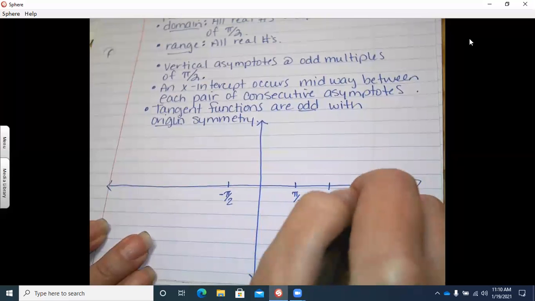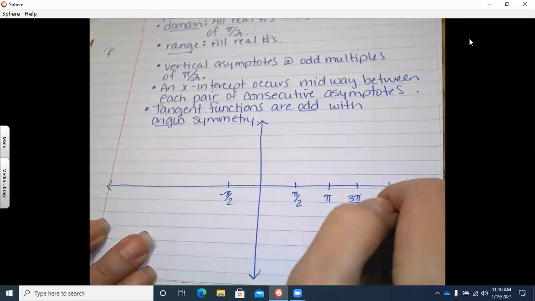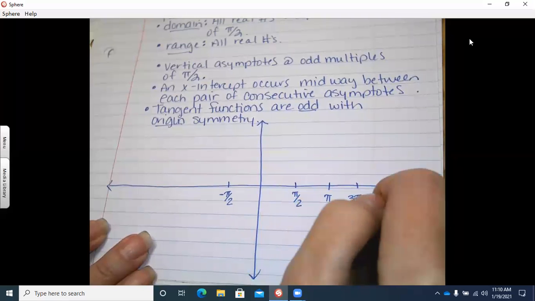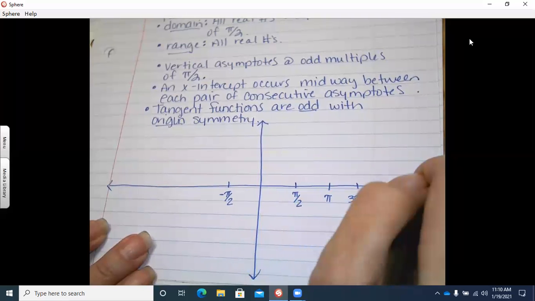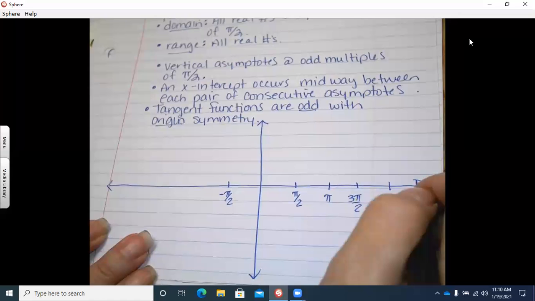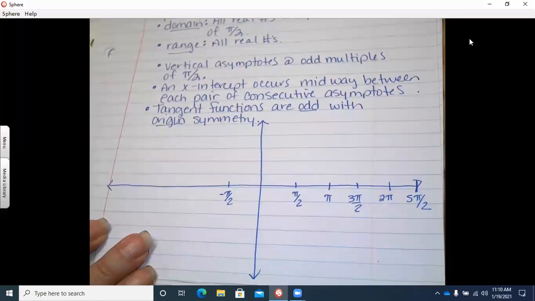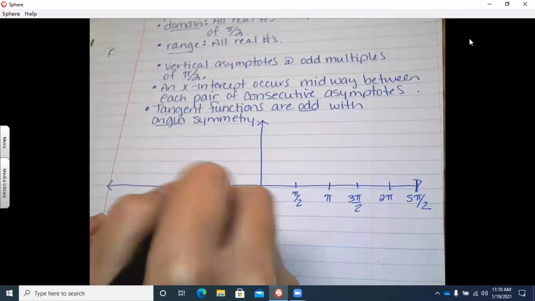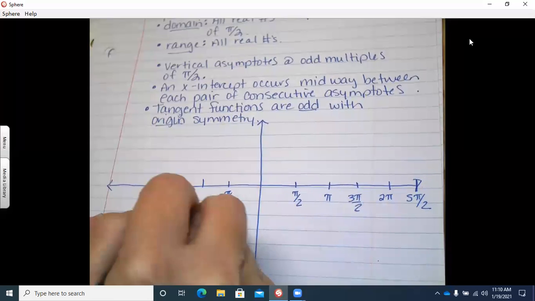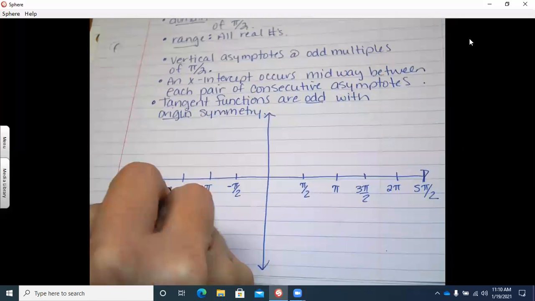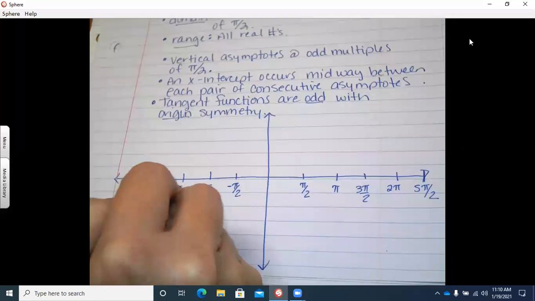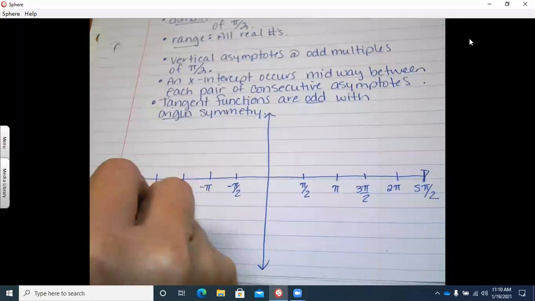What's 3/2 pi plus pi half? 3/2 plus 1/2 would be 2 pi. One more: what's 2 pi plus 1/2 of pi? 5/2 pi. So we'll put these same numbers on the other side: negative pi halves, negative pi, negative 3/2 pi, negative 2 pi, and negative 5/2 pi.